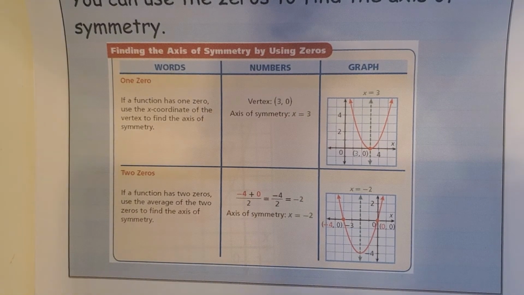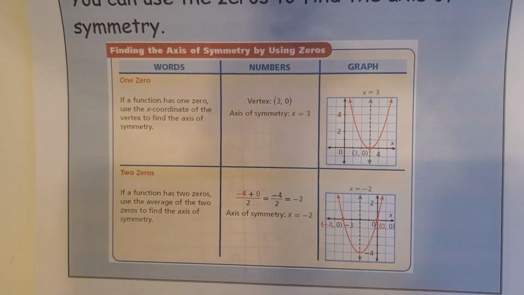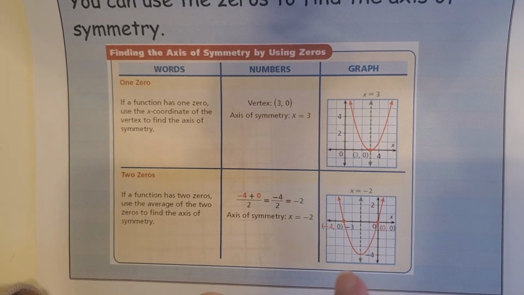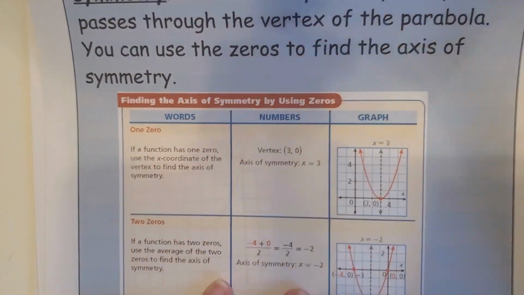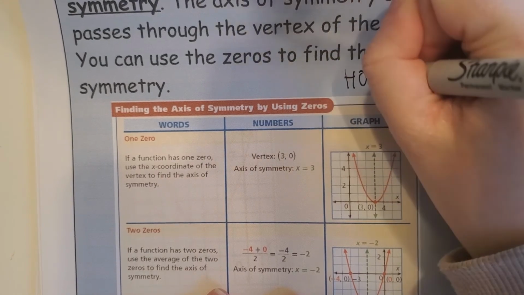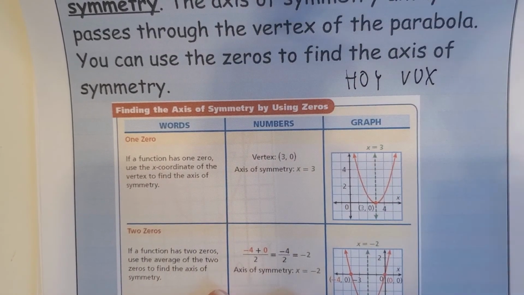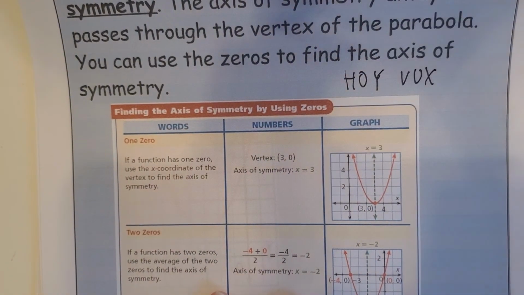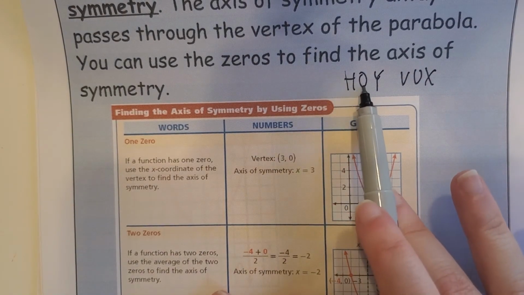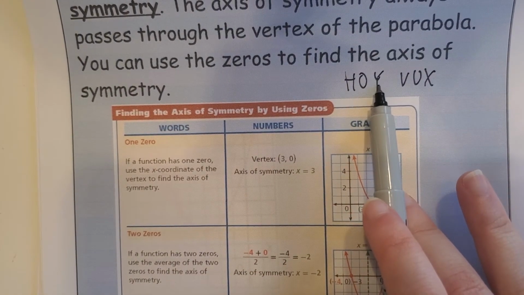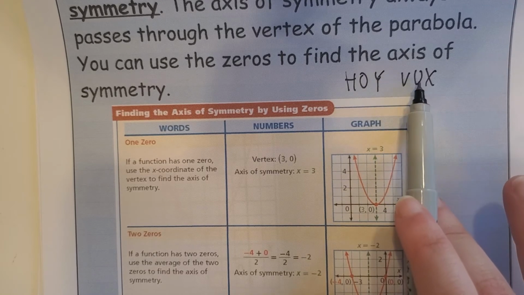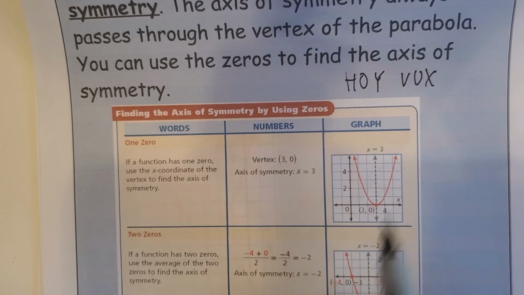So if we're talking about writing the equation of a vertical line, I don't know if you remember this, the HOY VUX thing. If you don't, really quick: horizontal lines have a zero slope and their equations are y equals. Vertical lines have an undefined slope and their equations are x equals.